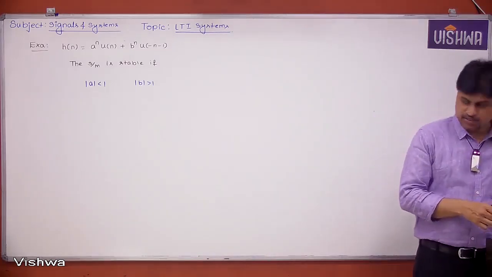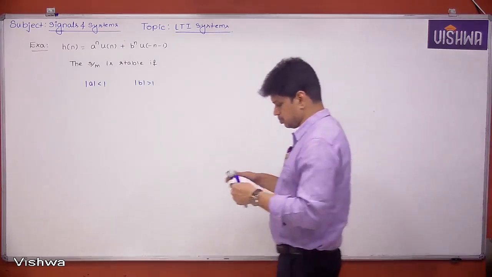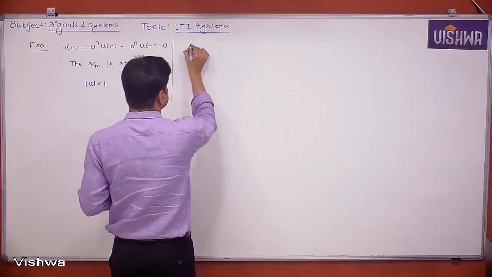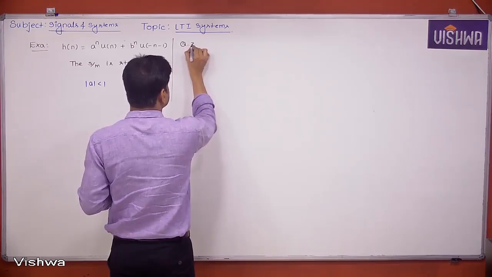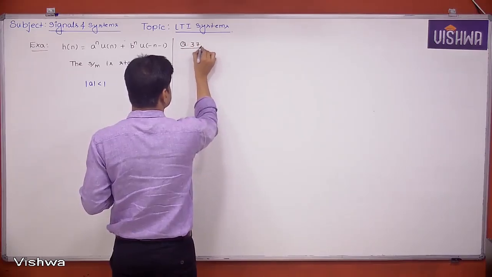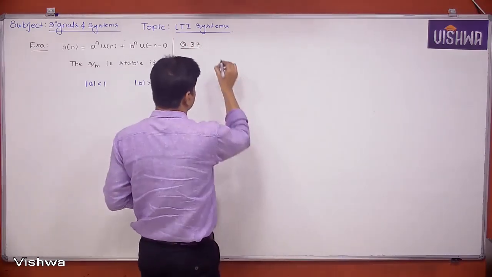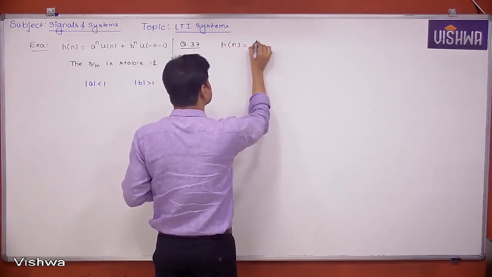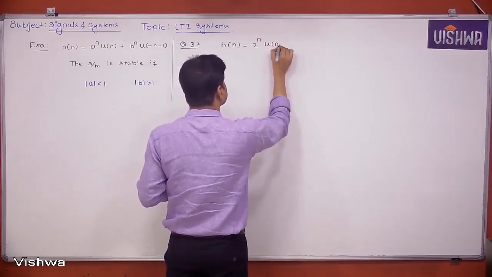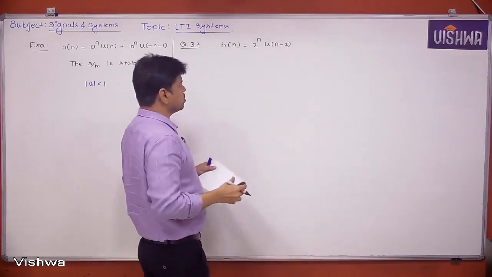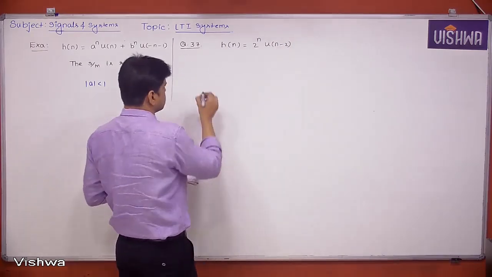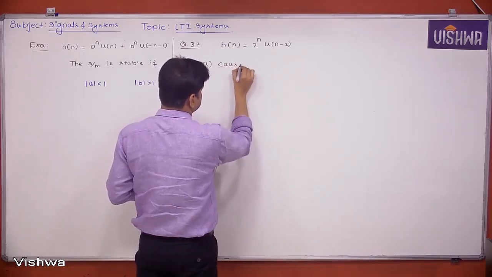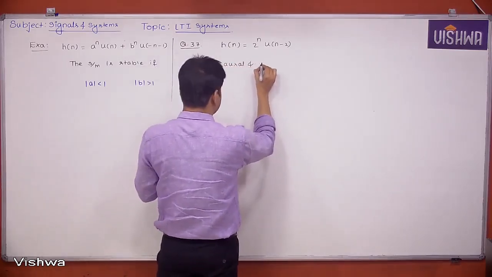Question number 37. H of n is equal to 2 power n u of n minus 2. So what is the system nature? They have given options: Option A, causal and unstable.